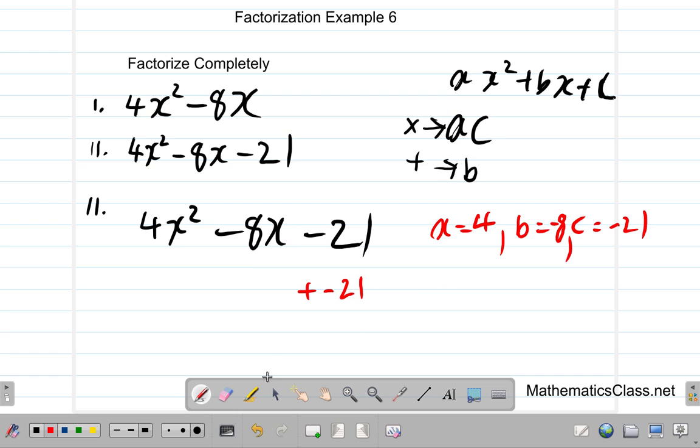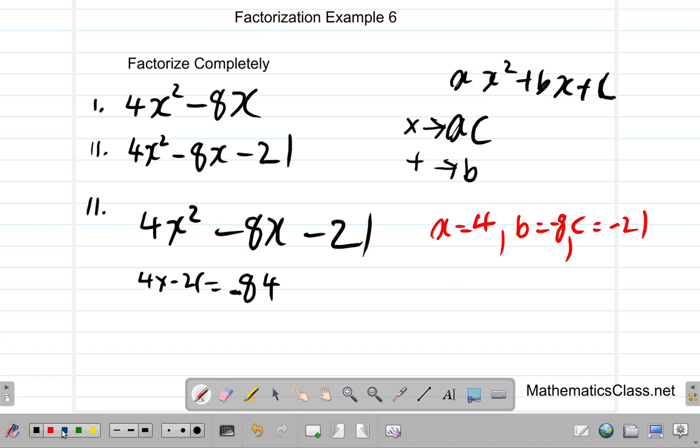So we have our A, B, and C. So AC is equal to 4 times negative 21, which is negative 84. So we think of two numbers that multiply to give negative 84 and add to give negative 8.